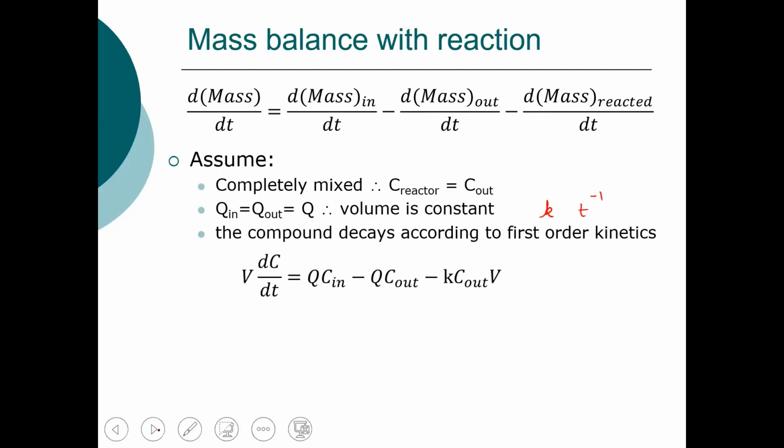So we can write our mass balance equation here. Our mass in is equal to Q times C in. Mass out is Q times C out. And because we have decay, this term is negative. It's a net loss. And we've said volume is constant, so we can factor out volume from the differential.